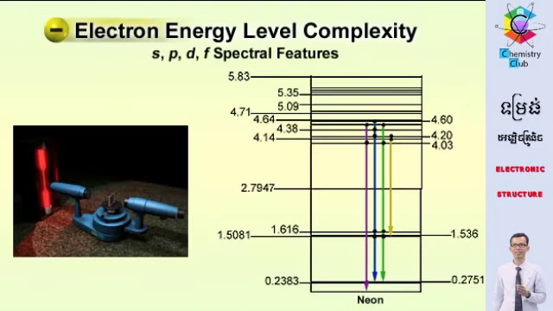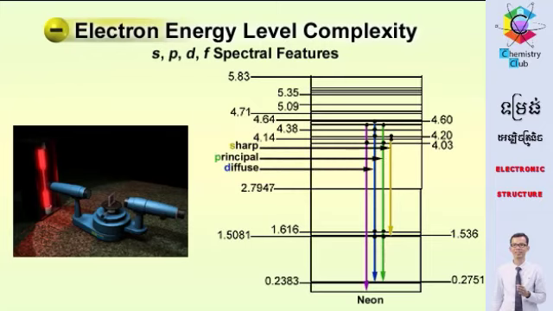In particular, analysis of the transitions for neon showed that spectra associated with the higher levels could be characterized as falling into 4 separate categories: sharp, principal, diffuse, and fundamental, abbreviated as S, P, D, and F.